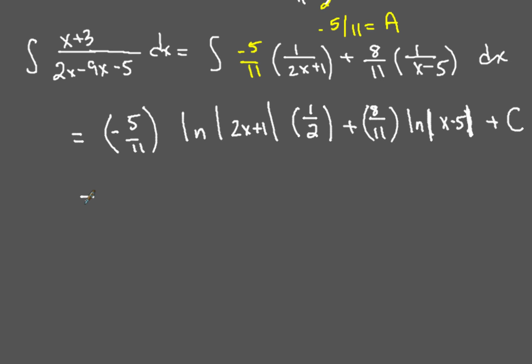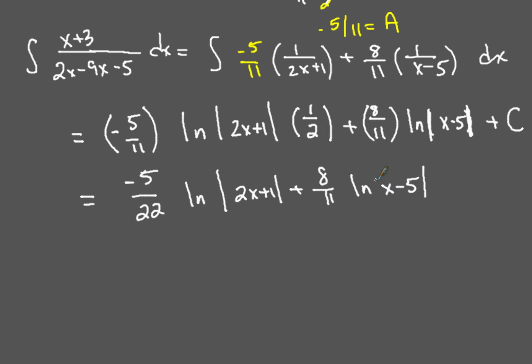So clean everything up, and then we're going to have negative 5 over 22, natural log of the absolute value of 2x plus 1, plus 8 over 11 times the quantity natural log of absolute value x minus 5, plus c.